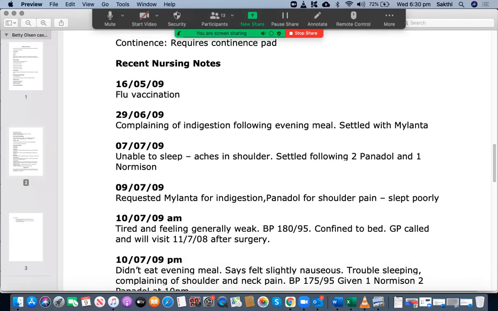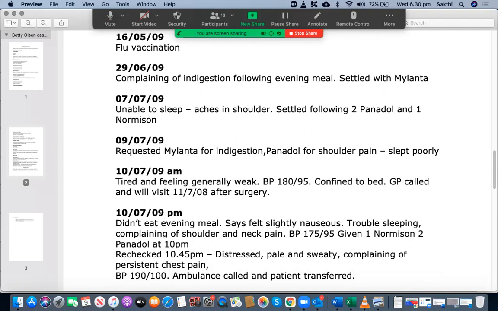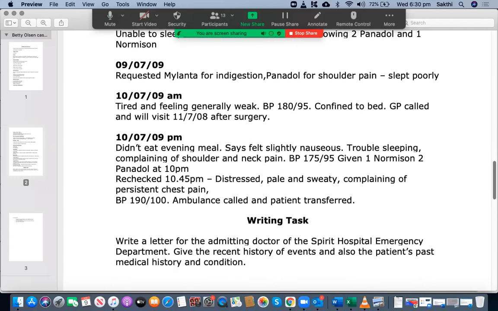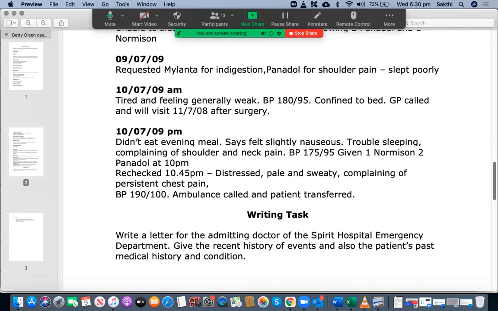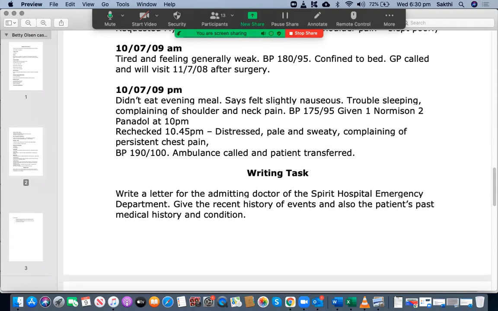That's not needed. Complaining of indigestion following evening meal. Settled with Mylanta. Unable to sleep. Ache in shoulder, settled following 2 Panadol and 1 Mylanta. Requested Mylanta for indigestion, Panadol for shoulder pain. Slept poorly, tired and feeling generally weak. BP. Confined to bed. GP called for a visit. Didn't eat evening meal.